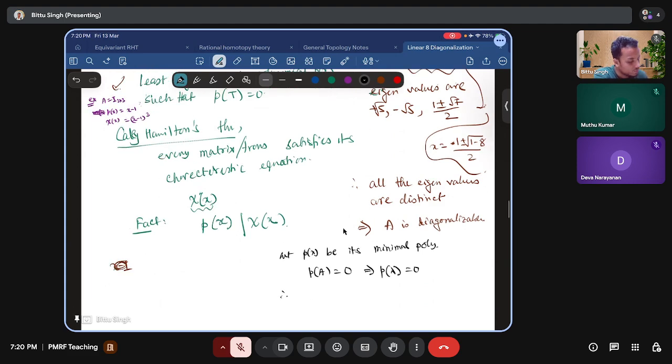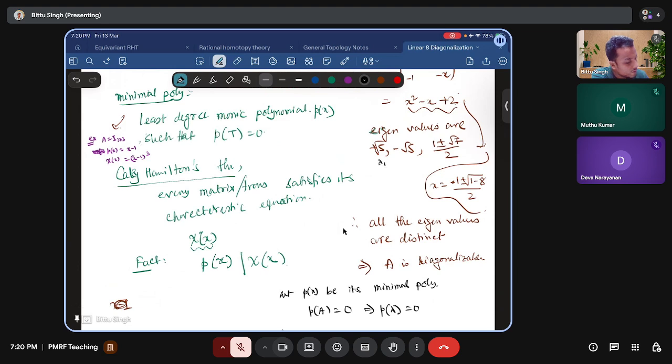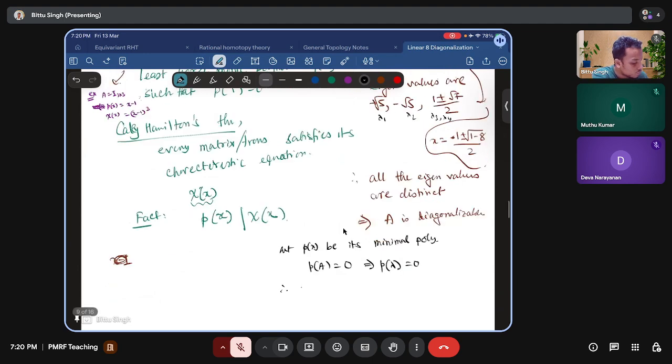Therefore, if we denote those by lambda 1, lambda 2, lambda 3, lambda 4, all those lambda i's are roots of p for i equal to 1, 2, 3, 4. And those are distinct. Therefore, the product of (x minus lambda i) for i equal to 1 to 4, since those are distinct, will divide p(x).